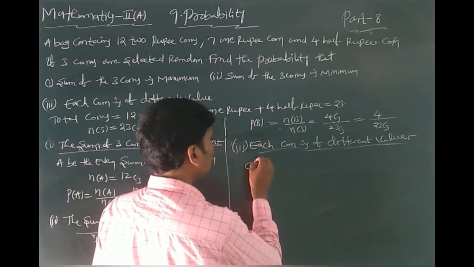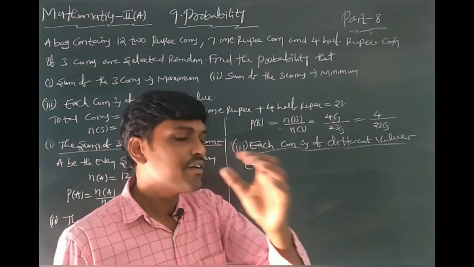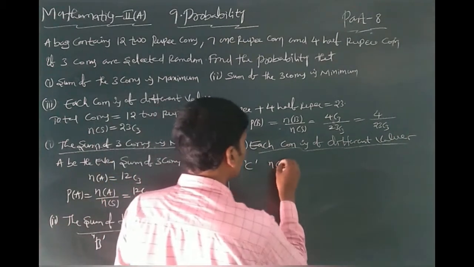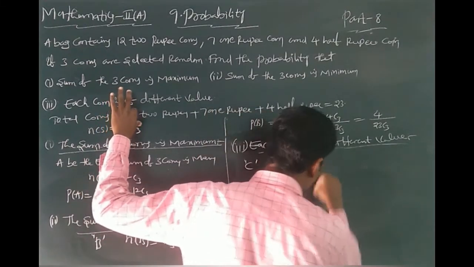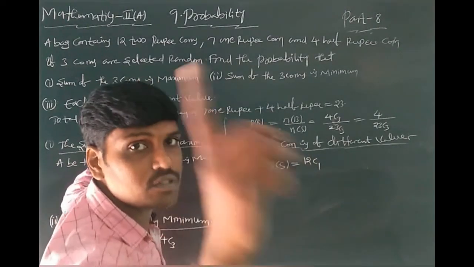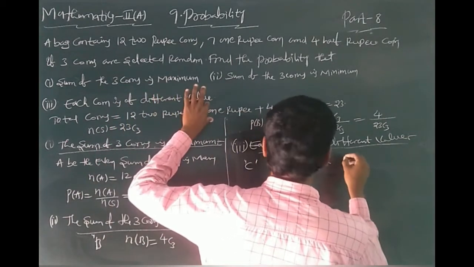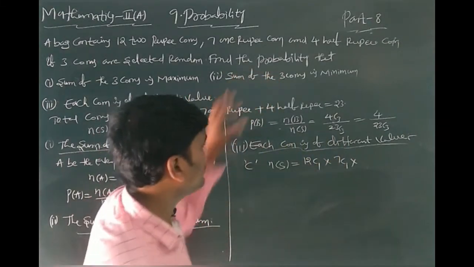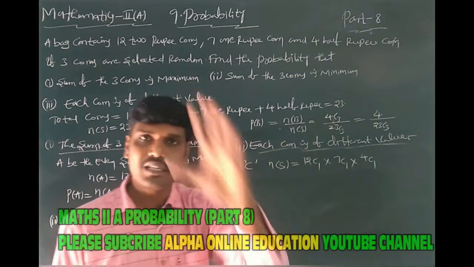That's why let C be the event. Each of the 3 coins we select is of a different value. That's why n(C) equals, first, from the 12 2-rupee coins you have to select 1 coin, 12C1, into, from the 7 1-rupee coins you select 1 coin, 7C1, into, from the 4 half-rupee coins you select 1 coin, 4C1.